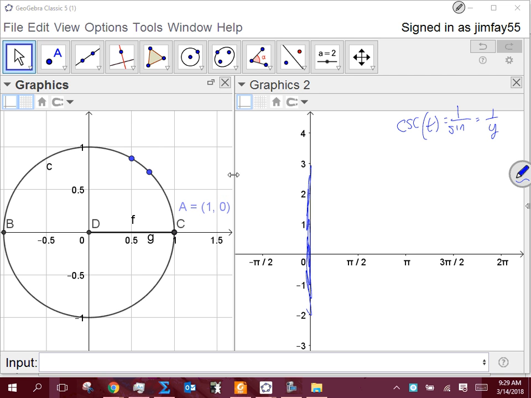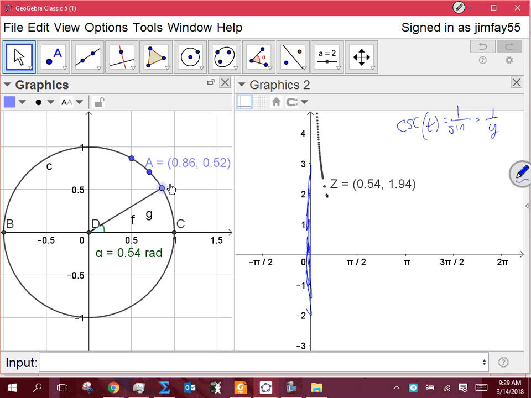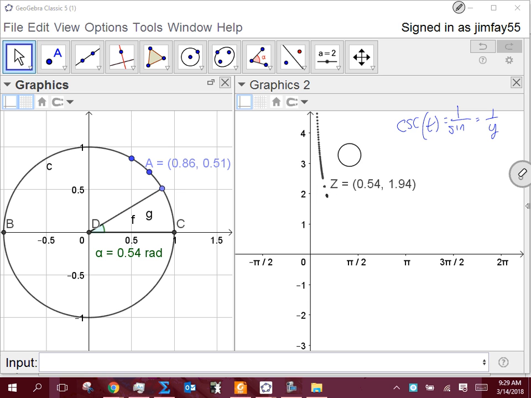As I start moving this thing around, let's get to a nice point here. I don't know if I can get exactly to it. Get close. Okay, so z right now is right there, because this is pi over 6.